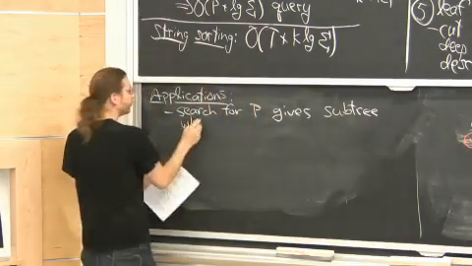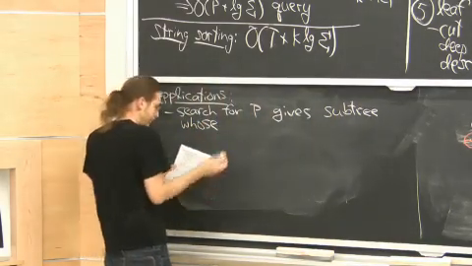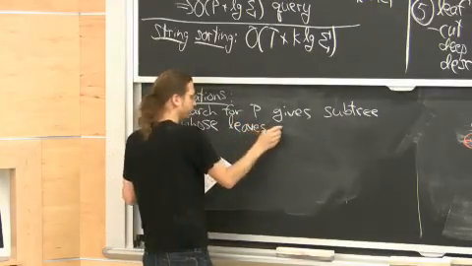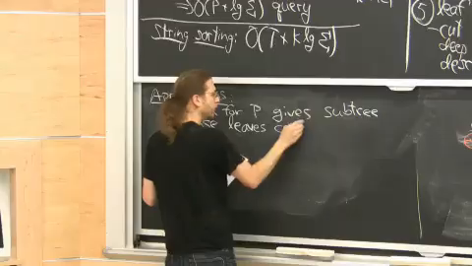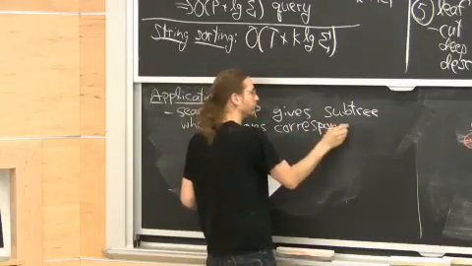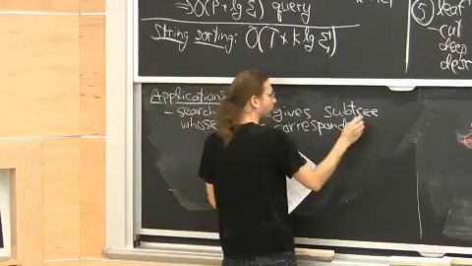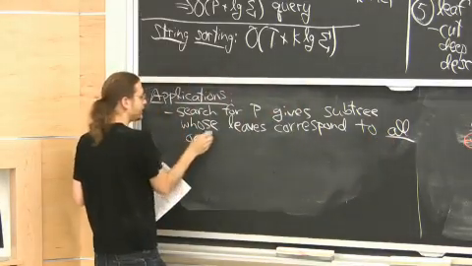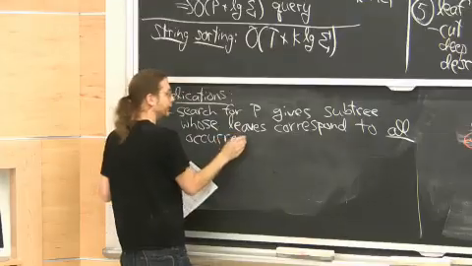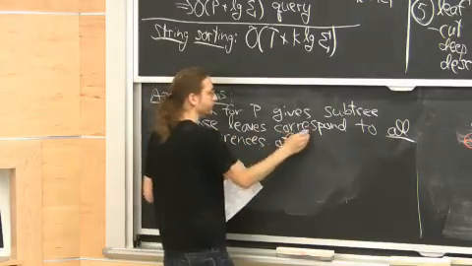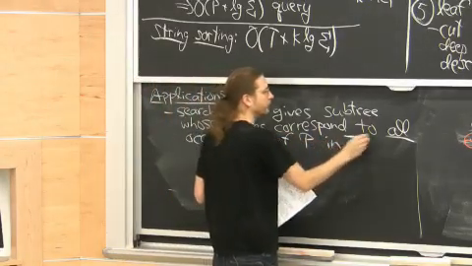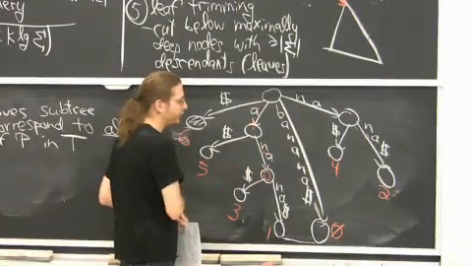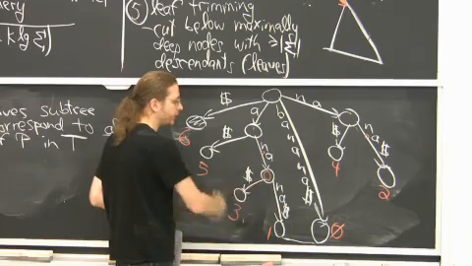If I just do a search in the trie for a particular pattern, we get a subtree representing all of the occurrences of P in T. So this is great. In order P time, walking down this structure, I can figure out all the occurrences.